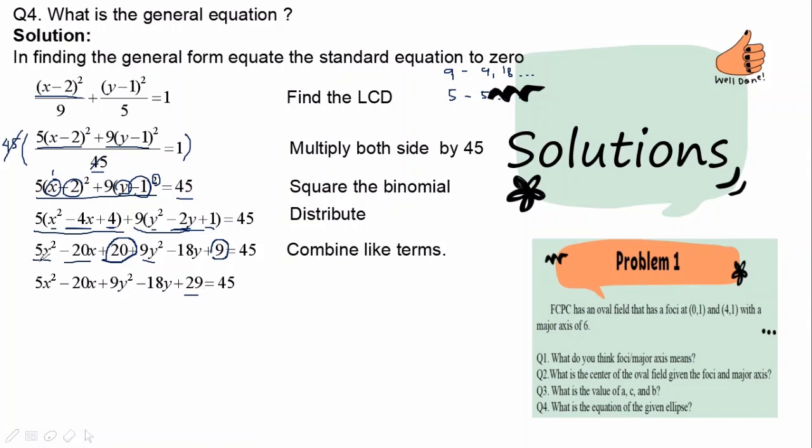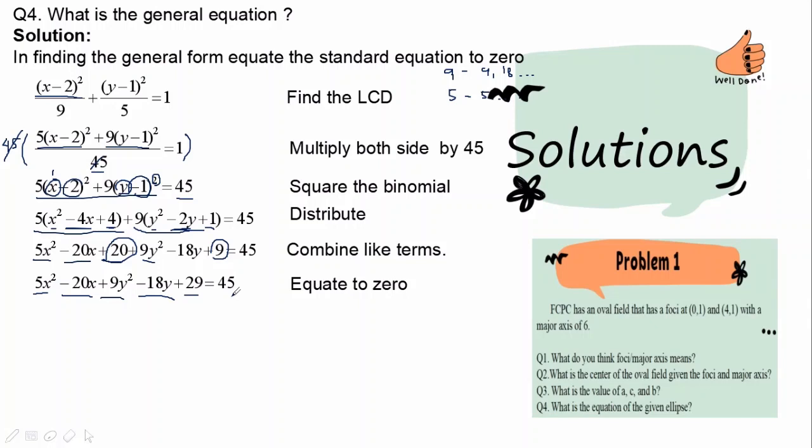Now, we will just copy 5x squared. Since we don't have like terms, also minus 20x, then the 9y squared, and minus 18y. Then equals 45 again. Then equate to 0.